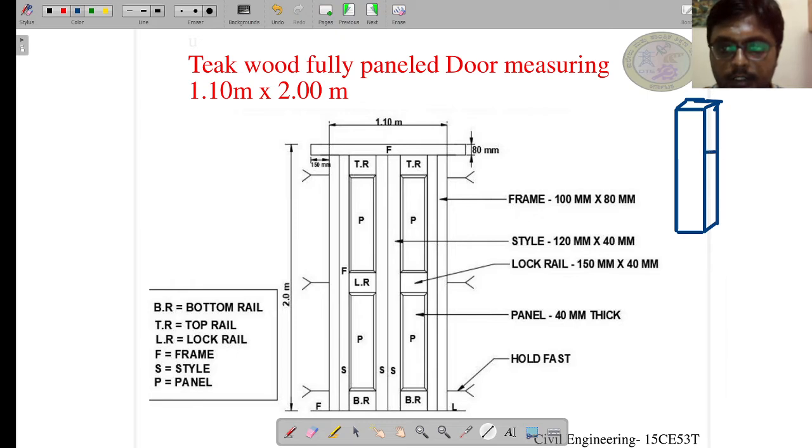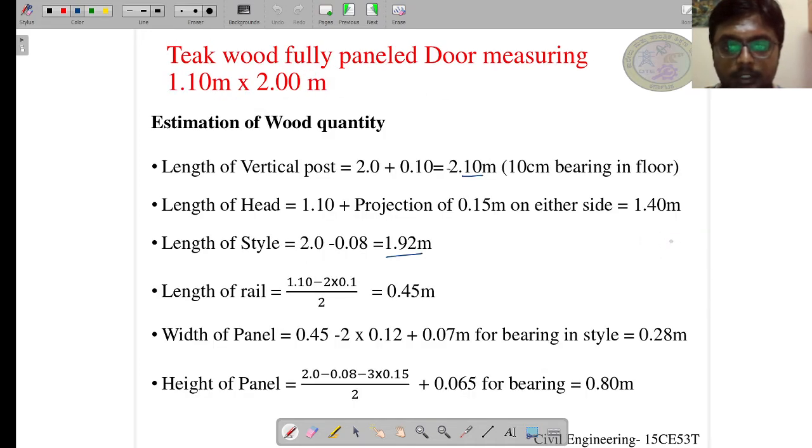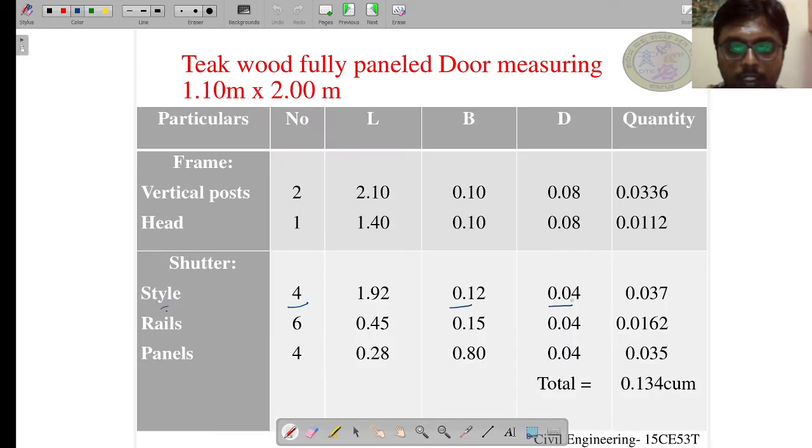As you can see, this dimension will be 40 mm in the stile, and this dimension will be how much? 120 mm. So 120 mm into 40 mm. The same way you can visualize for the frame. Okay, so we have entered the depth column as 0.04 meter.